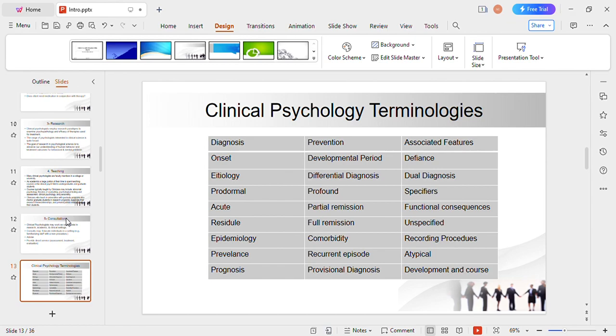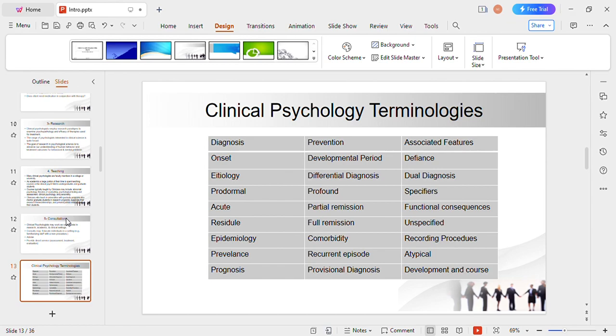So apart from partial and full remission, the next terminology is comorbidity. Comorbidity means that two or more diseases are occurring at the same time period, and it is very hard to differentiate between them.